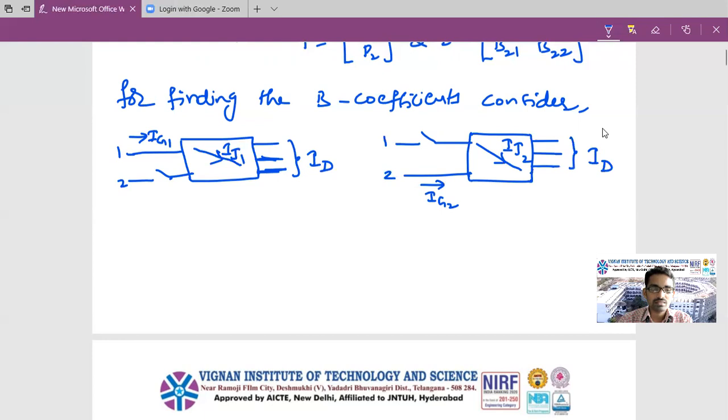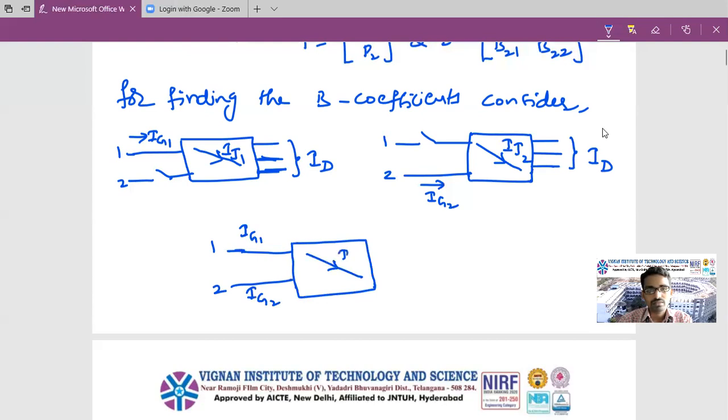In the last figure, both generators are supplying: generator 1 with Ig1 and generator 2 with Ig2, the current over here is Ij, and the load is Id.